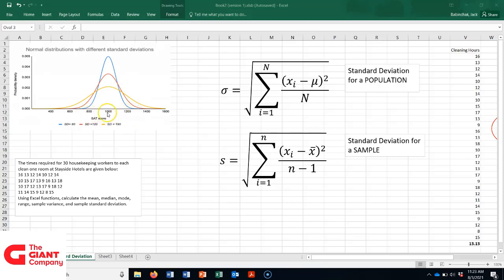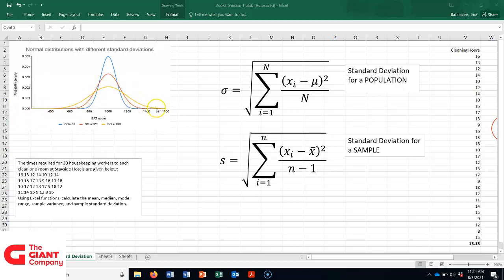It's a long time to wait, but it's still pretty tight, and we're going to find that most, if not all, of our observations fall between 800 and 1,200 minutes, versus over here where most of our observations are falling between 400 and 1,600 minutes.